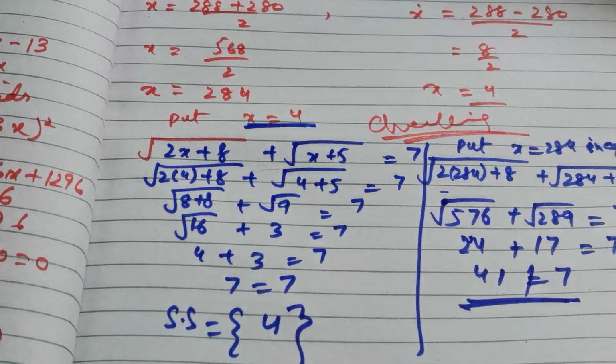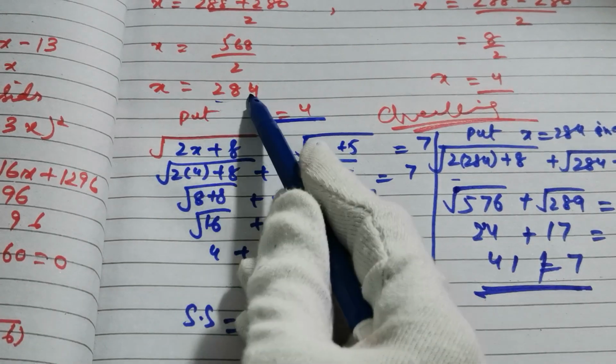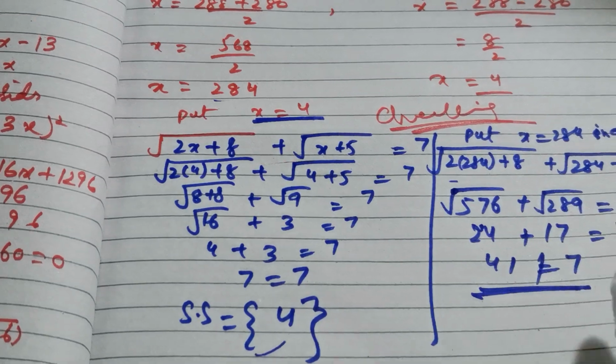This is not equal, so this is our extraneous root and this is our solution set.